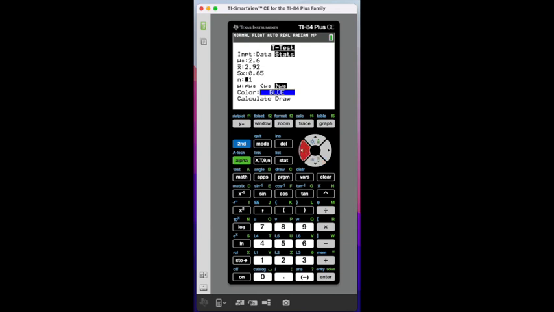And because we're doing a right-tailed test, we want to make sure that we're over here where it shows the greater than symbol. And then I'm going to arrow down and hit the calculate option and hit enter. And it's going to give us our t-critical and our p-value.